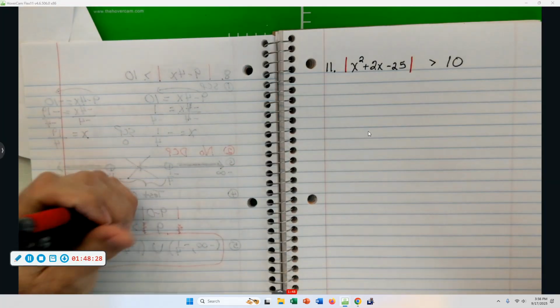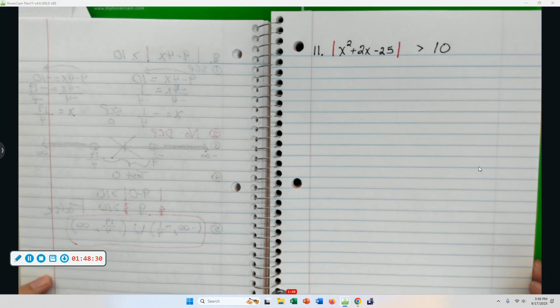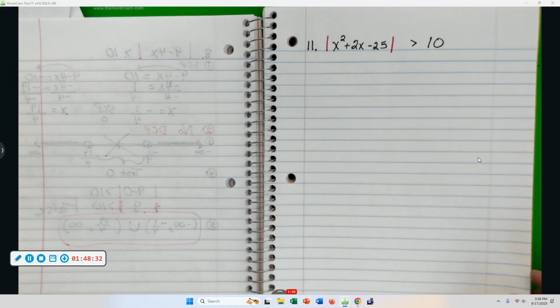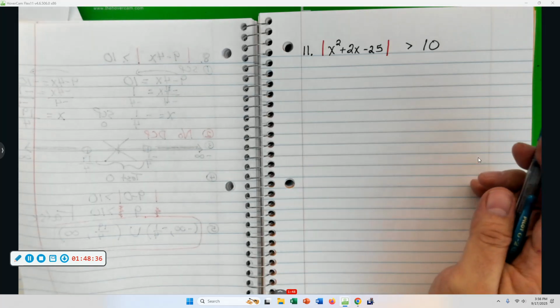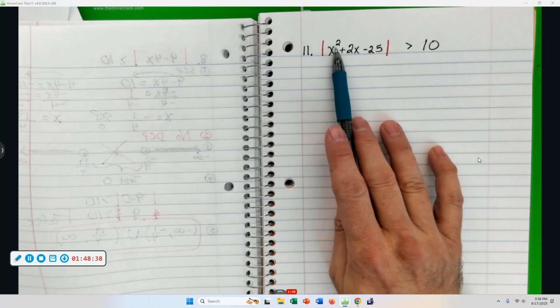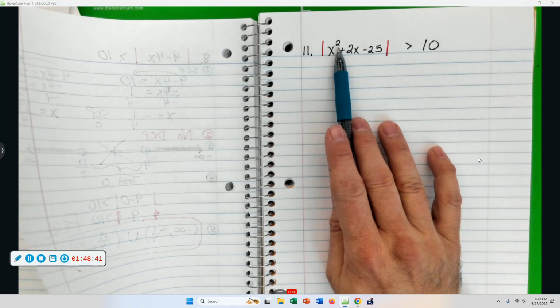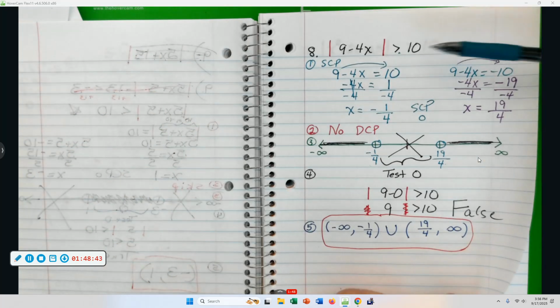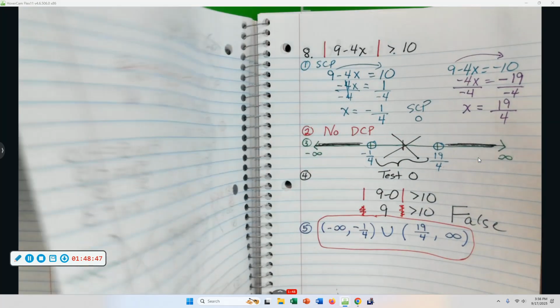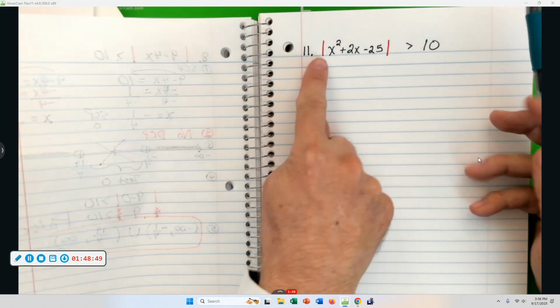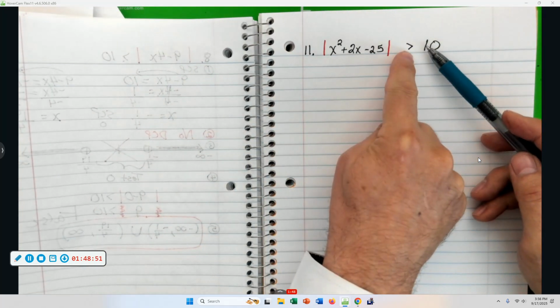Tell me in words, what's the first thing we're going to do? Well, we're going to wind up factoring, make it equal. Look back at the last thing we did. We're going to have the absolute value of that stuff equaling 10.